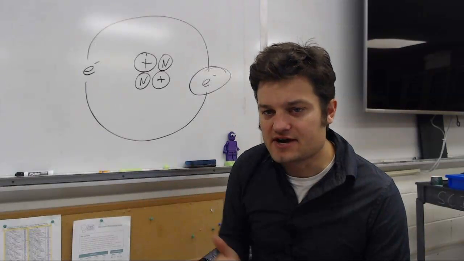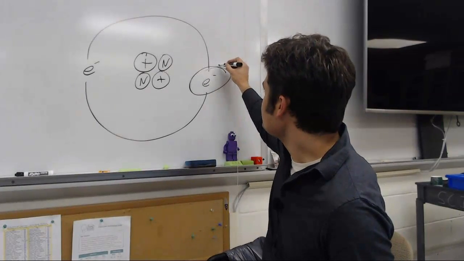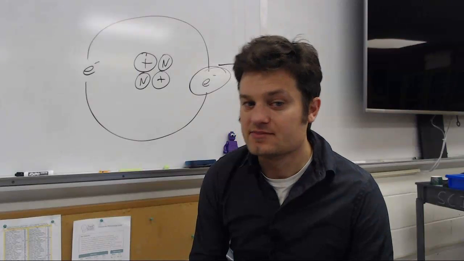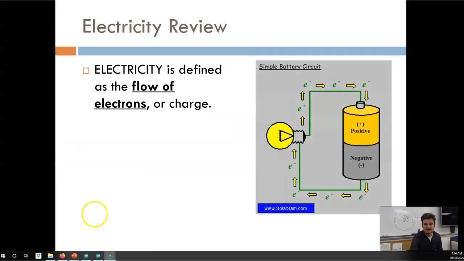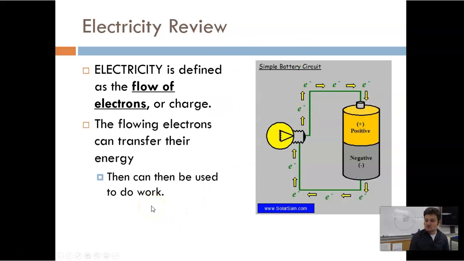copper. Copper actually is a type of atom that has a really easy time sending these from one atom to another. All right. And when we have the flow of these electrons moving through wires or conductors or anything like that, we call it electricity. Now, as these electrons are moving, they can actually transfer energy, much the same as if we were dealing with, say, water going down a river.